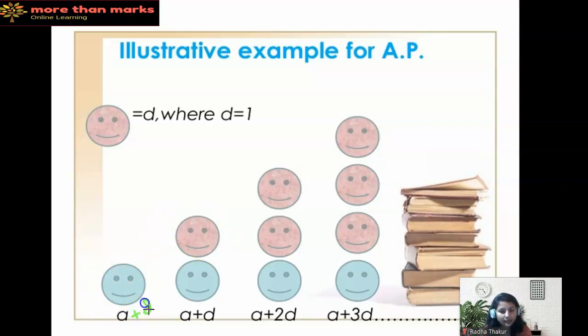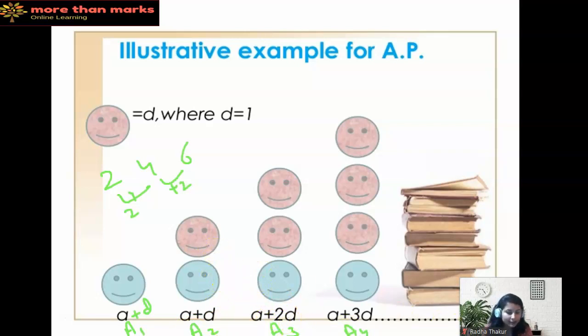We just add D. This is the format. Like if you want to write 2, 4, 6, you are just adding D, that is 2, again adding D, that is 2. In this way, if we add 1D, 1D is a pink smiley, so I added one pink smiley and it becomes A plus D. This is your A1, let's suppose the first term, A2, A3, A4 and so on.